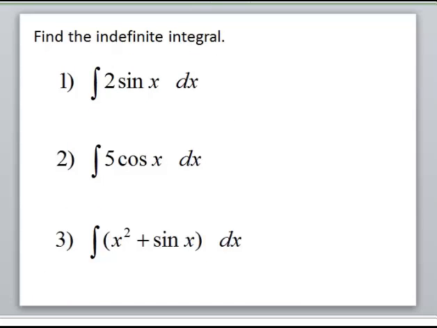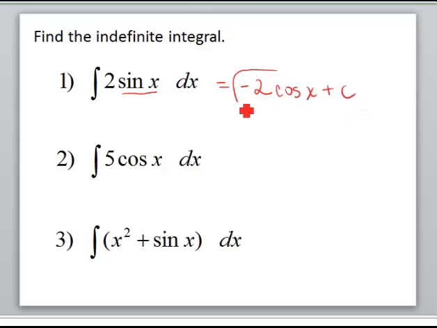So we're going to go ahead and take the integrals of each of these. So if I integrate this right here, one of the rules with a constant out front is you can just rewrite that part. The integral of sine x is cosine. It's actually a negative cosine plus c.